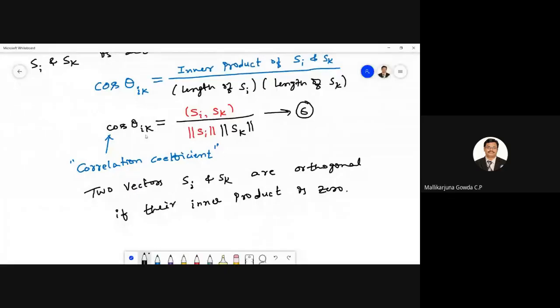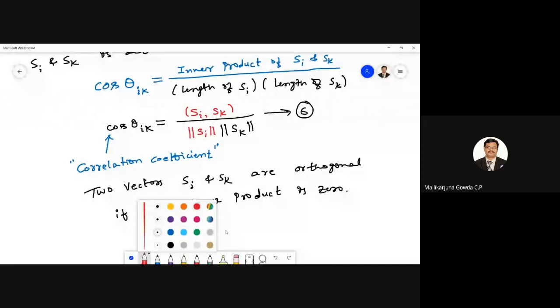Here cos theta ik is equal to the inner product of the two vectors divided by the length of each vector. To say these two vectors are orthogonal, the inner product should be 0. Then cos theta ik will become 0, because the inner product of Si and Sk will be 0. Then what is the value of theta ik?